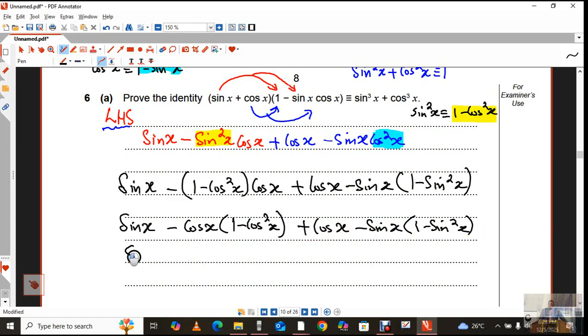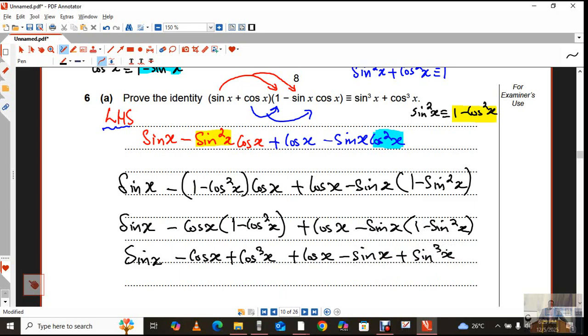So now I have sin x, then negative cos x, and a negative times negative is positive, plus cos cube x, since cos x times cos square x is cos cube x. Plus cos x, and minus sin x distributed: a negative times negative is a positive sin cube x.